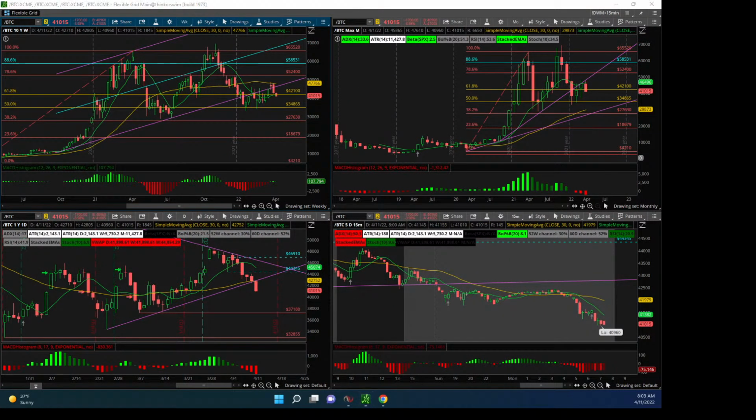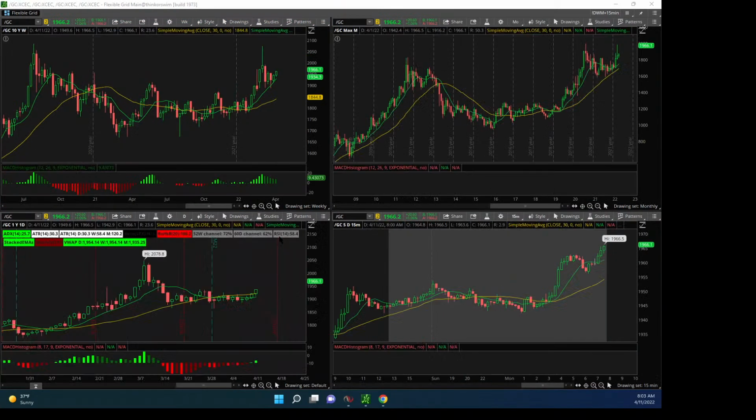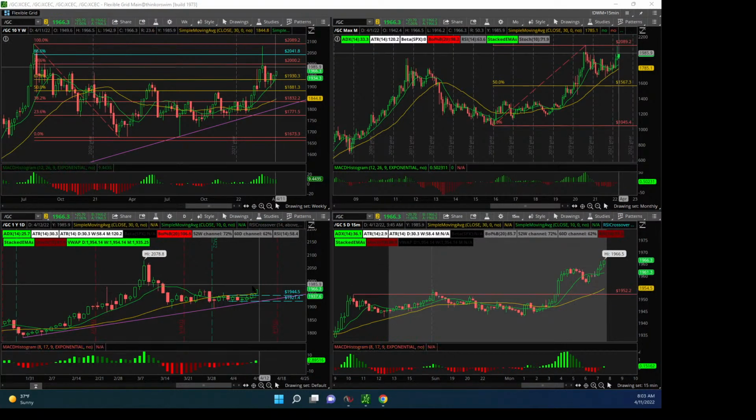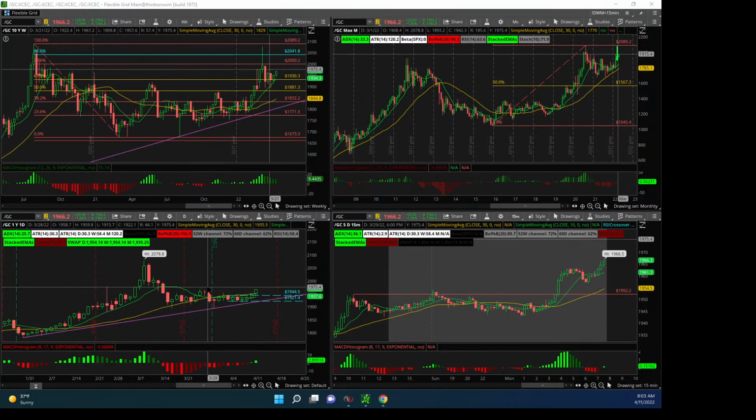Where are you? Gold now it's at 20, moving. Yeah, that one looks really good actually. It looks really good.